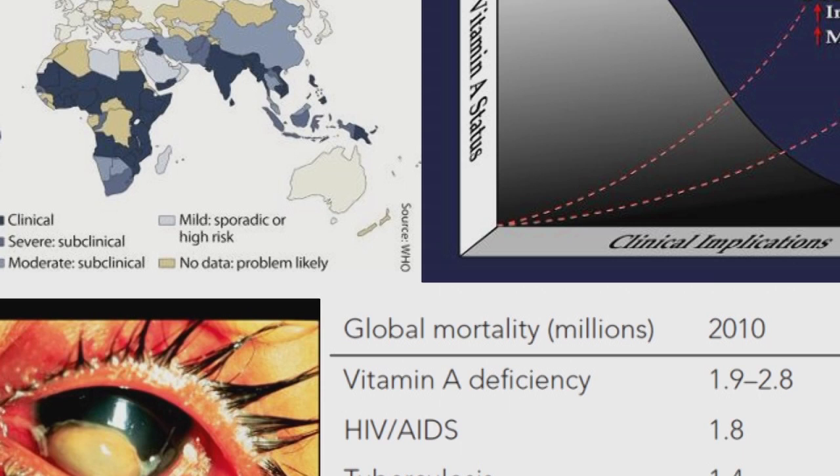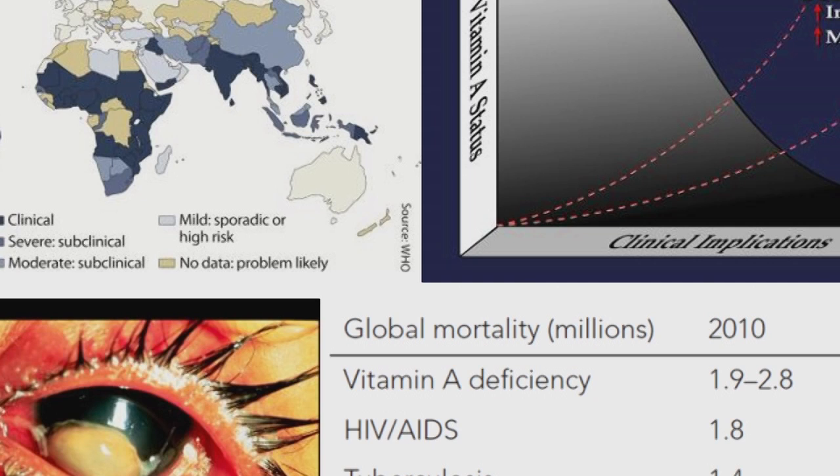And it has been shown, and Howdy, who is in front of me, referred to one dimension of saving 23% of lives. Actually, the range from meta-studies is 23 to 34% of all global under 5 mortality in children can be prevented with a universal source of vitamin A. And in the case of measles, availability of vitamin A reduces mortality by up to 50%, according to the World Health Organization.